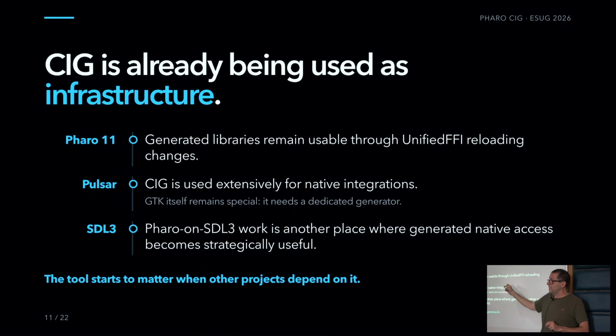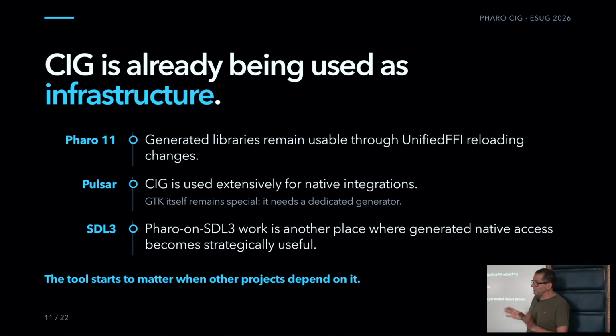I make sure unified FFI is extracted from the image in a way that you will always have what is in the latest image there, and that I ensure is backward compatible. You can load it in Pharo 11 and Pharo 12.